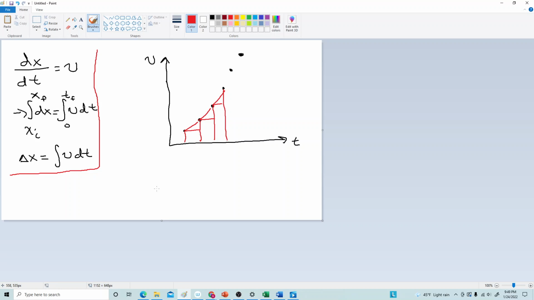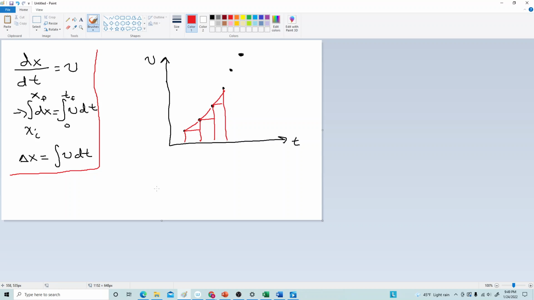Now, how does numerical integration work when you have a discrete set of points that supposedly lie along a function, but the discrete points have a finite width? They're not infinitesimally small. Well, the integral, of course, represents the area.